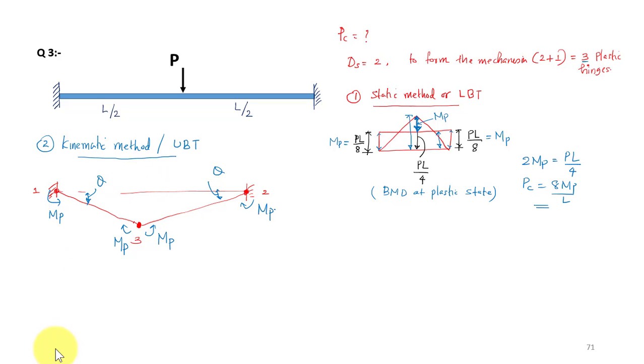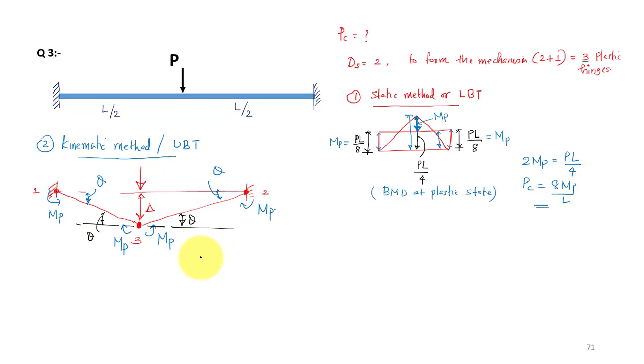So we have the load also. This is my load, and this is, let us take delta. Now this is theta, so the angle at this plastic hinge is also theta. Similarly this angle also theta.